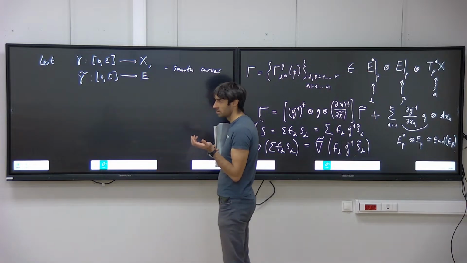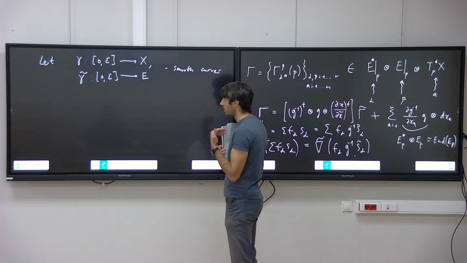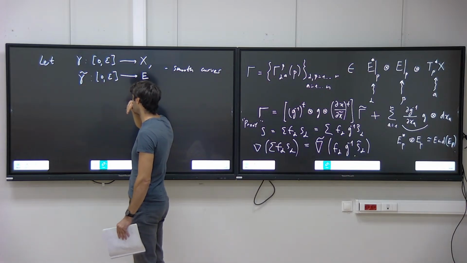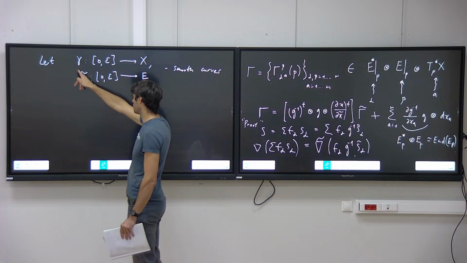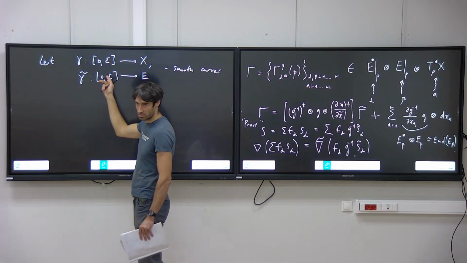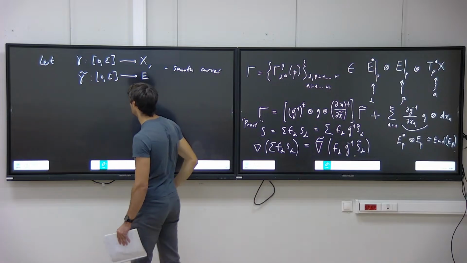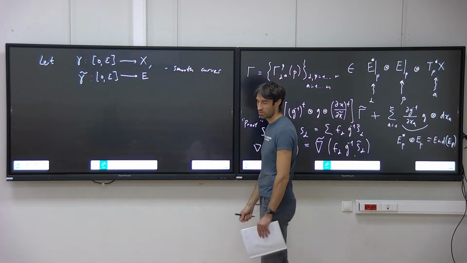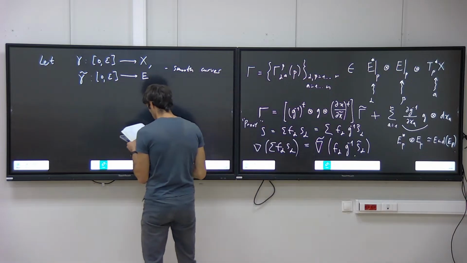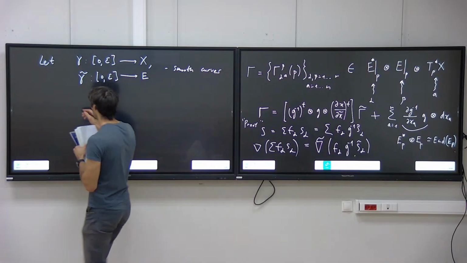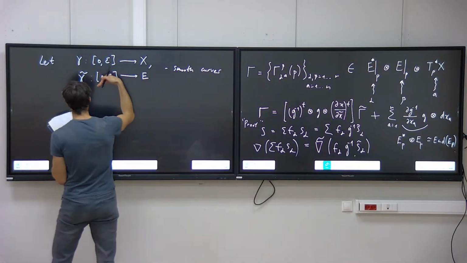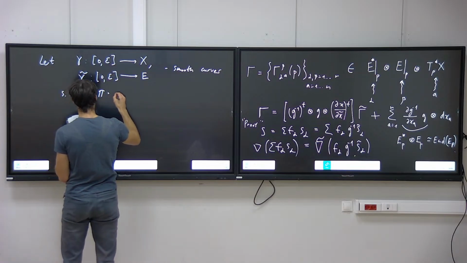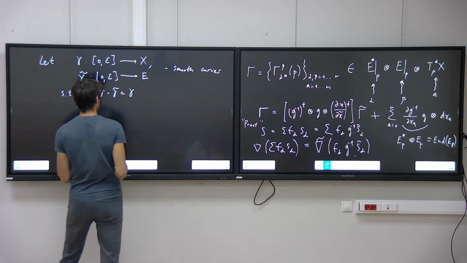By curve I mean an injective immersion. So gamma and gamma tilde are injective immersions, and therefore this data gives me smooth curves on X and E such that gamma tilde is a lift of gamma. So I have pi composed with gamma tilde is gamma.